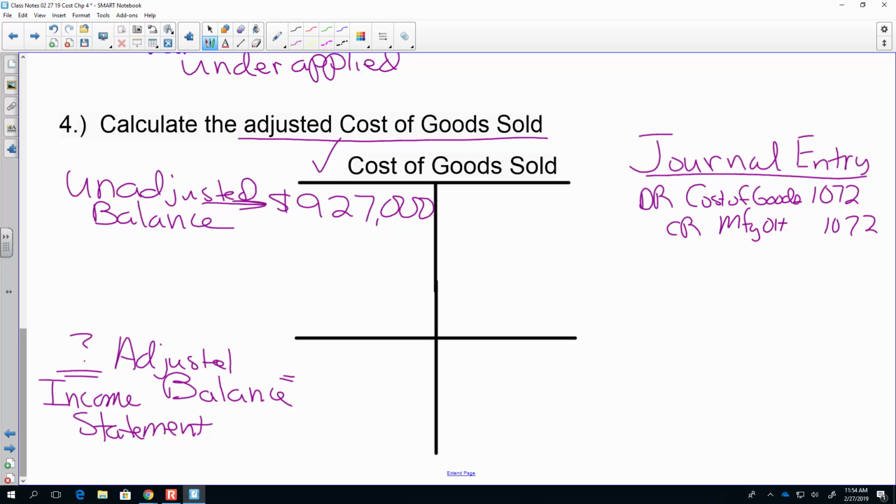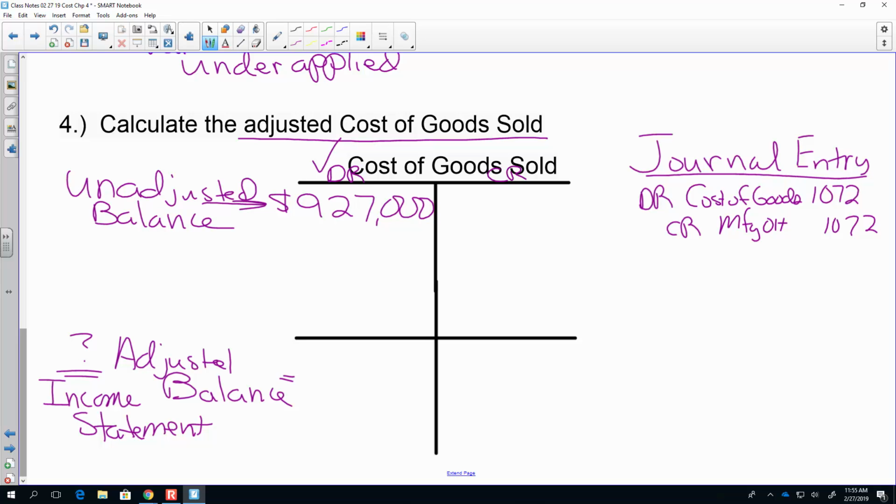So, if I'm looking at my T account, the left side is what? Debit or credit? Debits. So this is my debit side. This is my credit side. You notice I put the 927 on the debit side. Why? It's considered like an expense. It's an expense. Its normal balance is on the debit side. So that's where it should be.